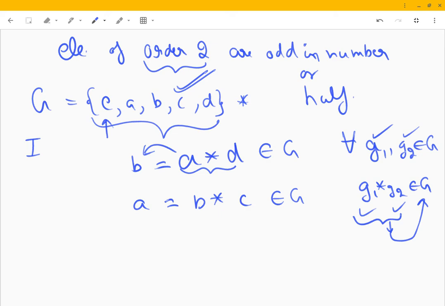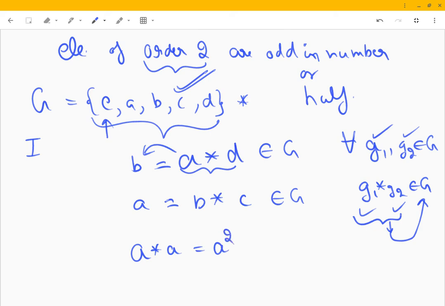Now, I was telling about the order. Order is nothing but, see, if we take an element A and operate it with itself, we will get A square.